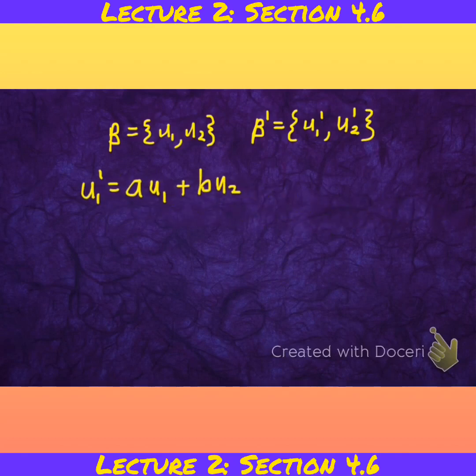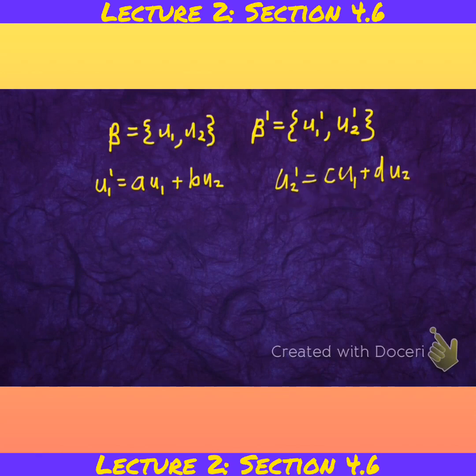I can take my first vector u1 prime in the basis B prime and write it as a linear combination of the vectors in B. Remember, B is a basis, so by the property of a basis it spans the whole vector space V, so you can certainly do that.